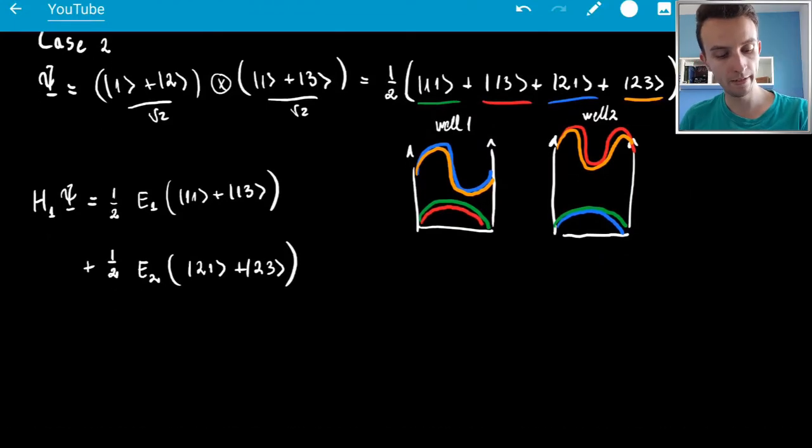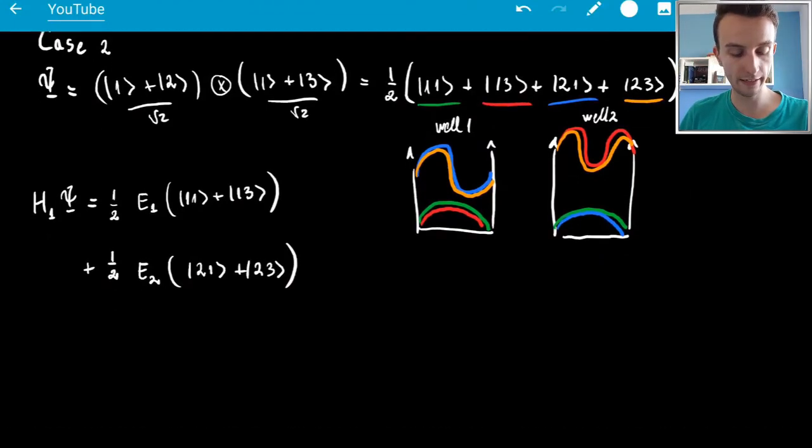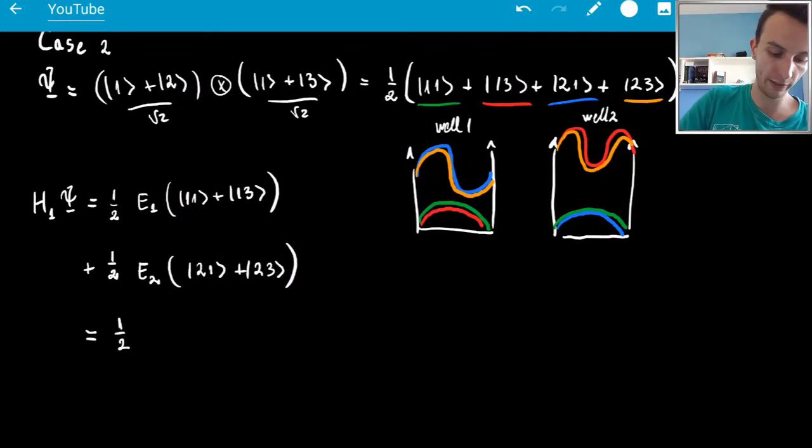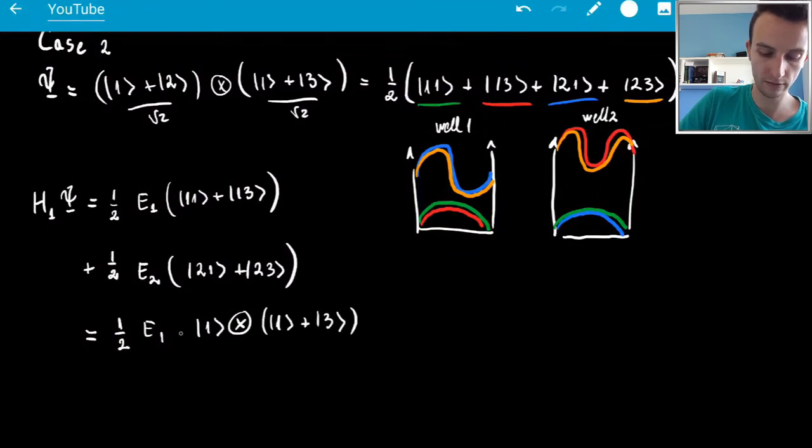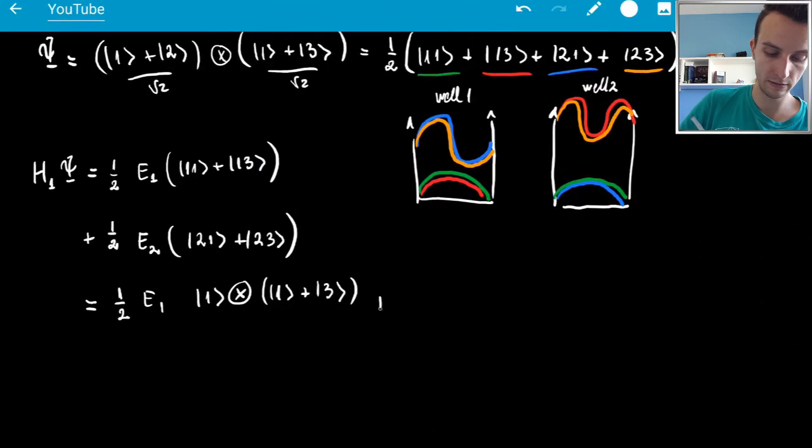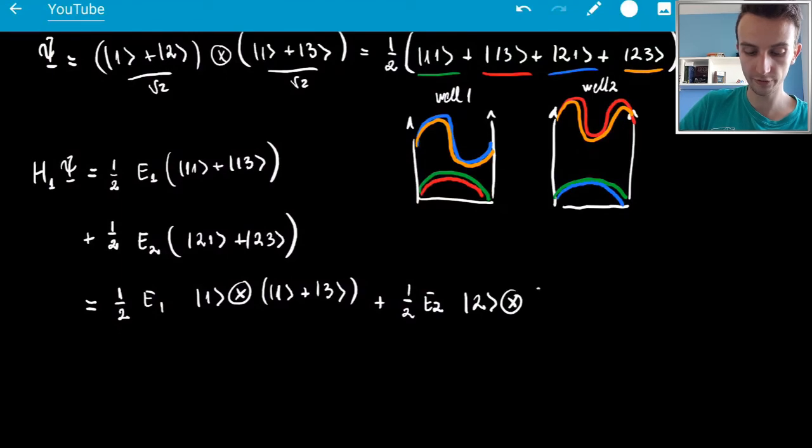And again, I could pull out now. Let me write it again. So it'll be 1/2 E1, and then 1 tensor 1 plus 3, and then plus 1/2 E2, 2 tensor 1 plus 3.